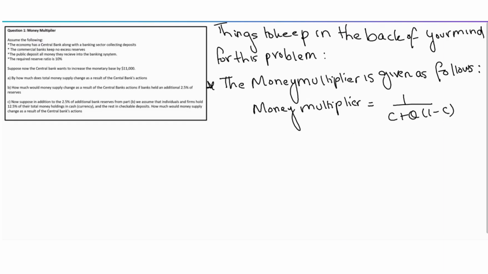This is how in the text the money multiplier is defined, where c is the fraction of total money demand held as currency.